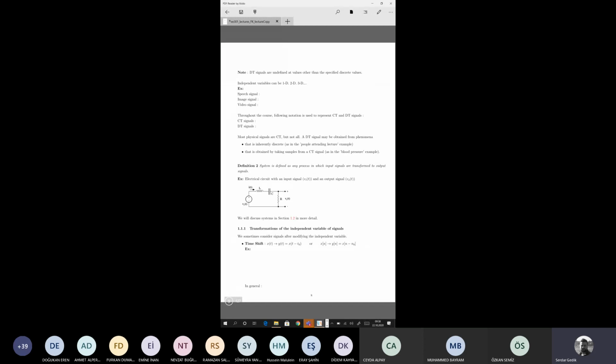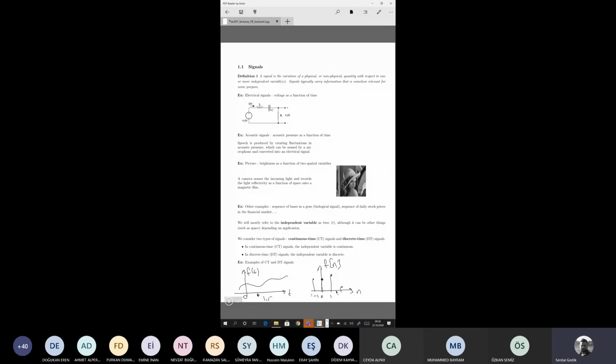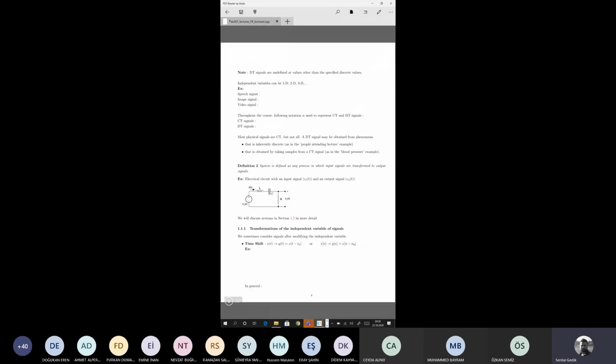As a note, discrete time signals are undefined at values other than the specified discrete values. So in this example, your signal is not defined here, let's say at 1.5. At 1.5, your signal is not defined. They are defined only for discrete values.